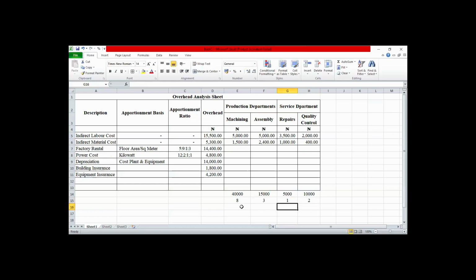Your ratio will now be 8 ratio 3 ratio 1 ratio 2.